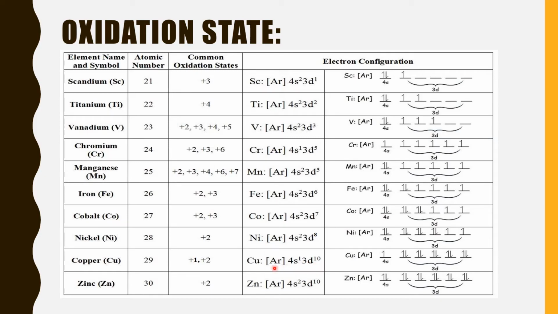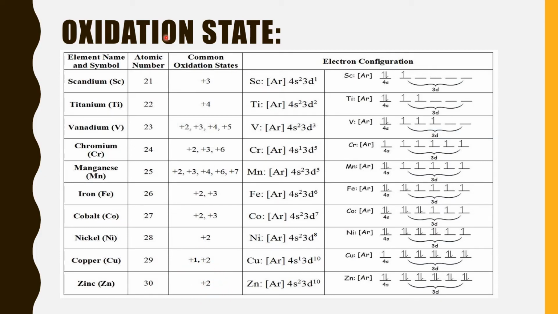For zinc, it is argon 4s2 3d10, also completely filled, and the oxidation state is +2. For copper it is +1 and +2. These are the oxidation states.